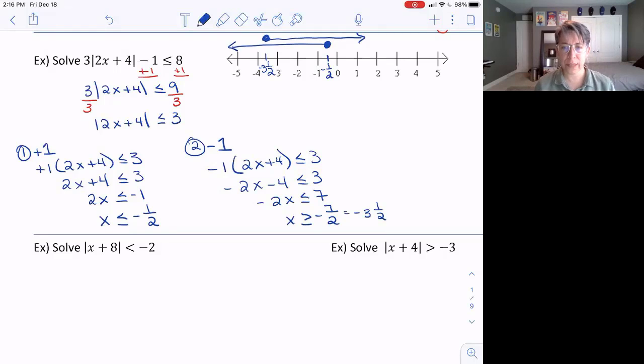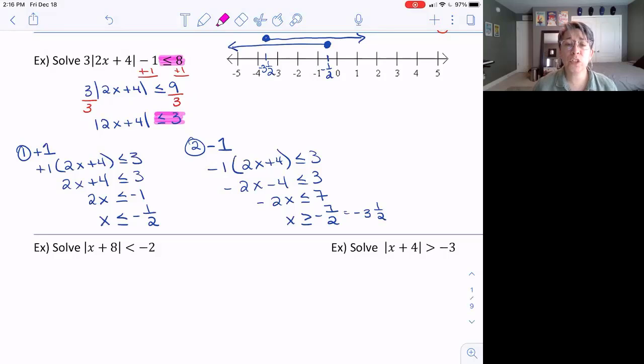But let's take a look at our original equation here, where we're looking for the values of x that will give us a distance smaller than 8. Or if you want to look after we get the absolute value by itself, we're looking for a value of x that would give us a distance smaller than 3. So you're actually looking for an interval around certain numbers.